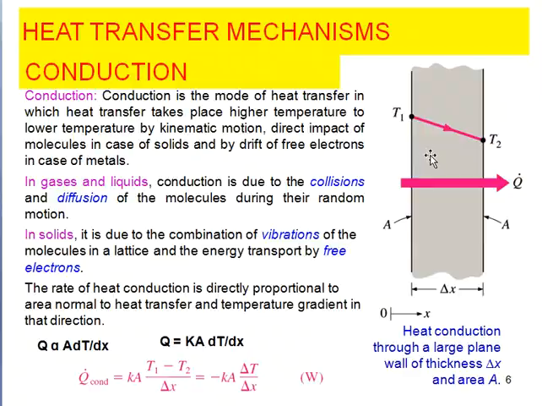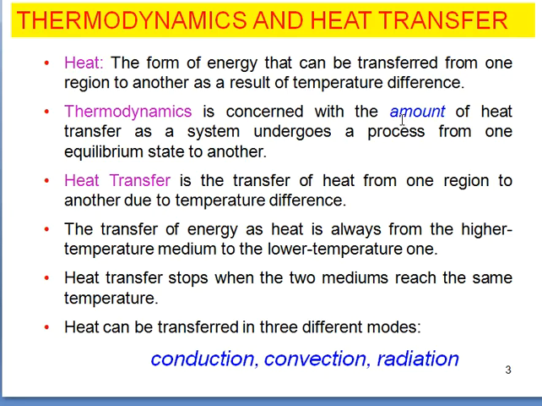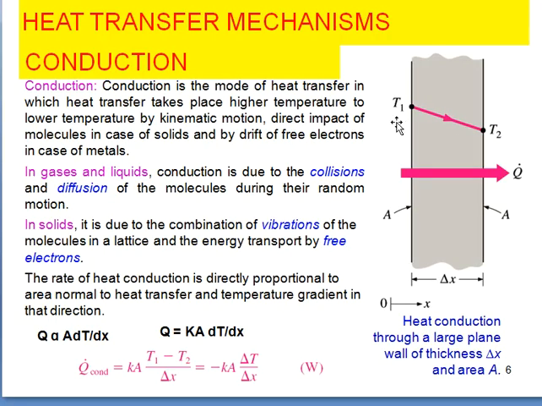Here this is the conduction. The heat is transferring from a higher temperature to a lower temperature. The higher temperature T1 is there, the lower temperature T2. From this, heat is transferring through the area normal to it, and the distance is dx, with x increasing in this direction.